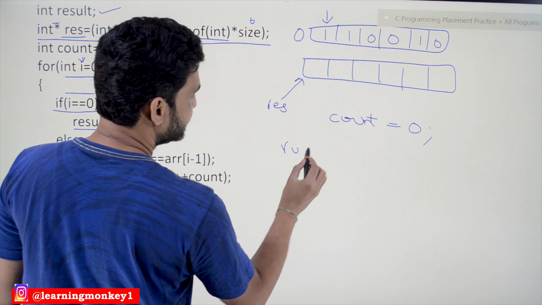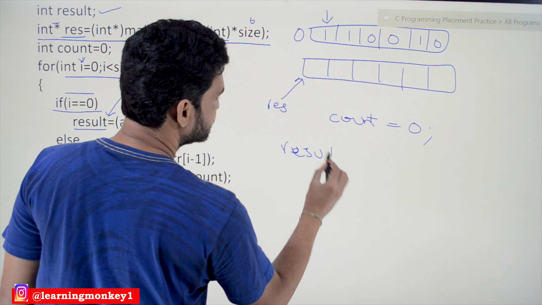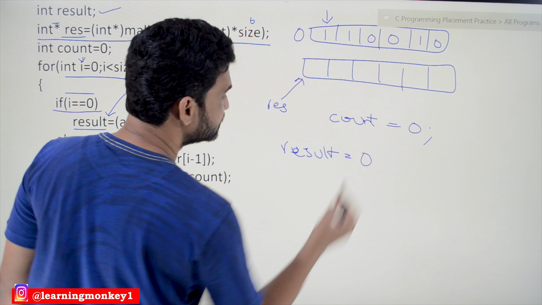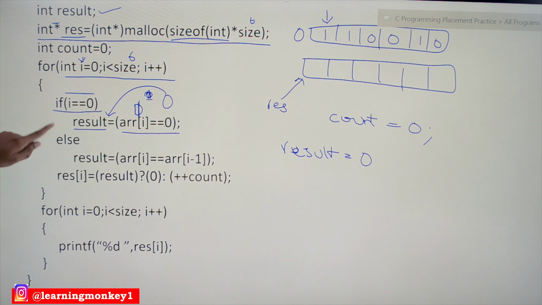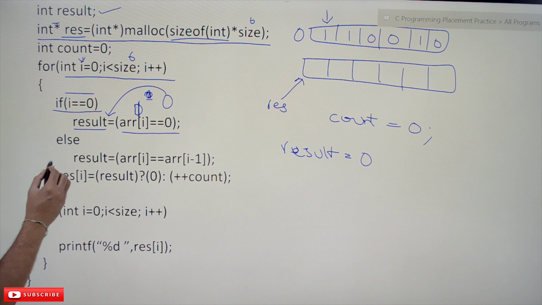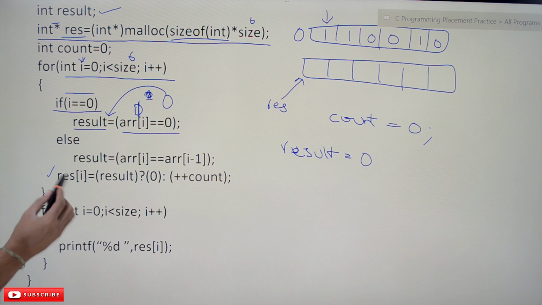We come out of this if condition and also the else condition. Now this one will get executed, as the braces are not given, so only one statement will get executed.